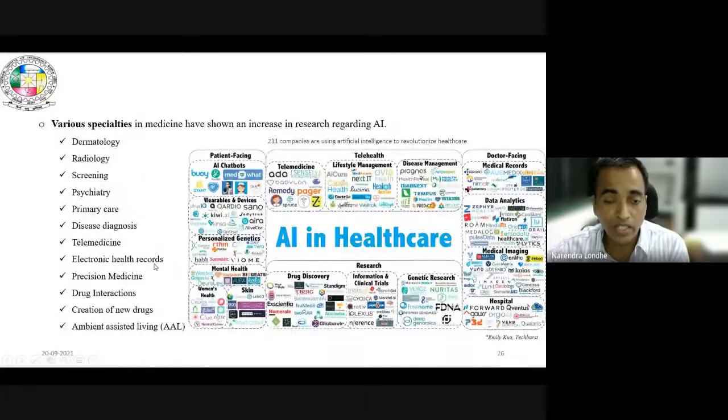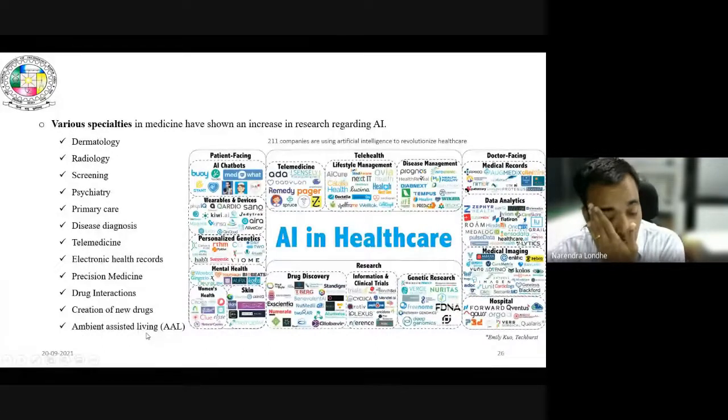So these are the application areas. The AI applications are dermatology, radiology, screening, psychiatry, primary care, diagnosis, telemedicine, electronic health records, precision medicine, drug interactions, and ambient assisted living, which is a very appealing area in today's time.